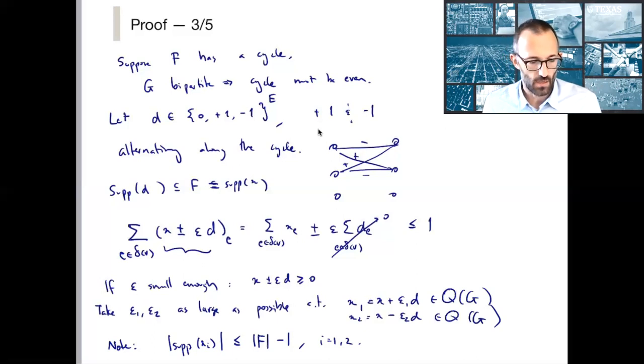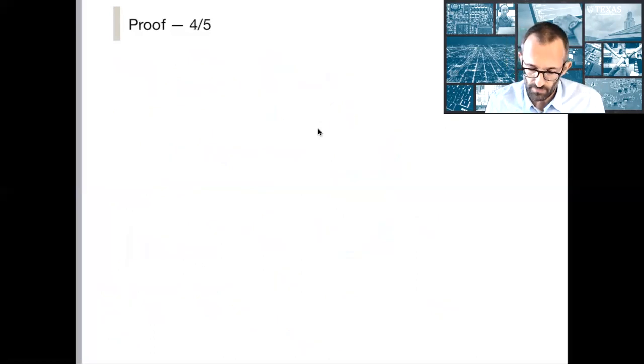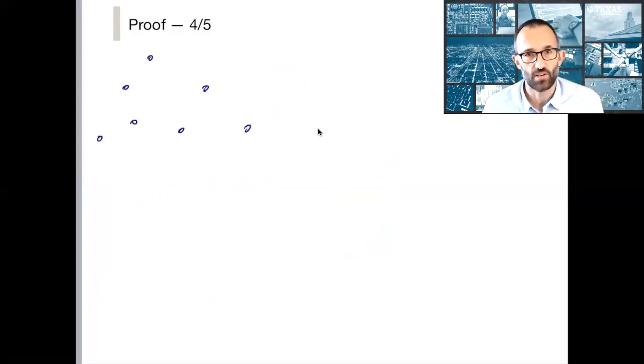So what's left? X does not have a cycle. So what does it mean that it doesn't have a cycle? What could the possibilities be?